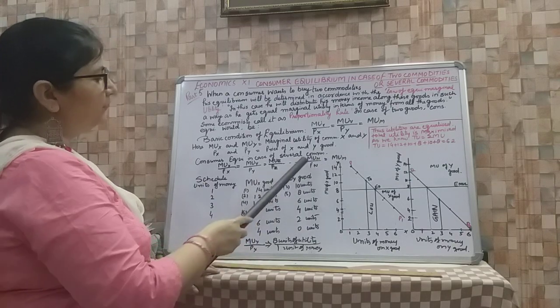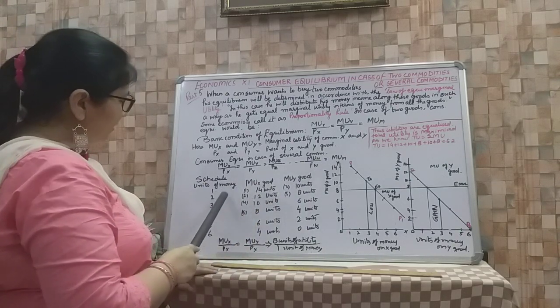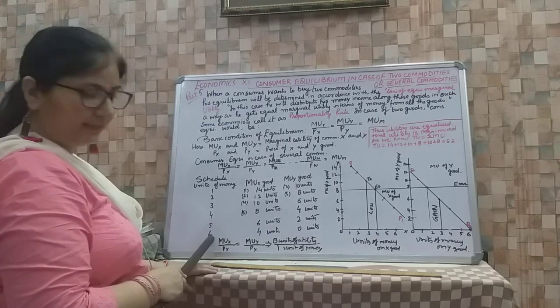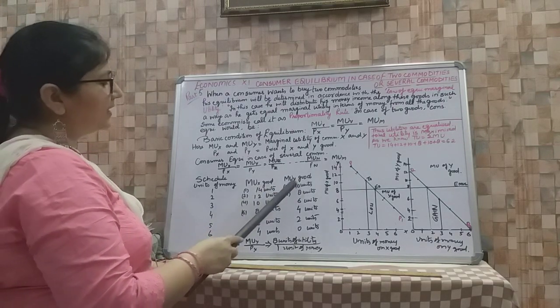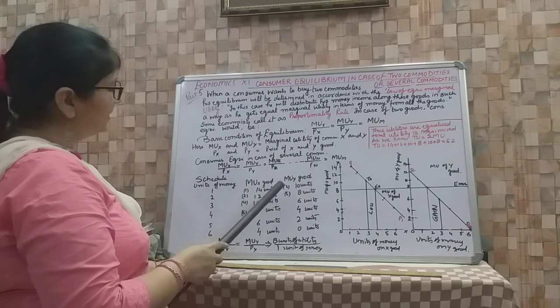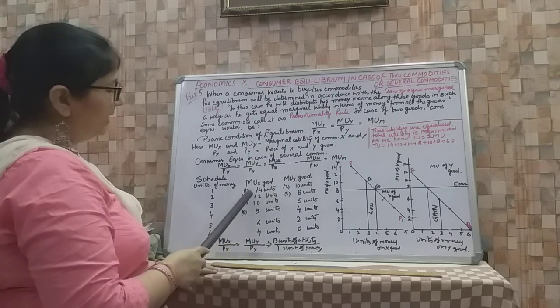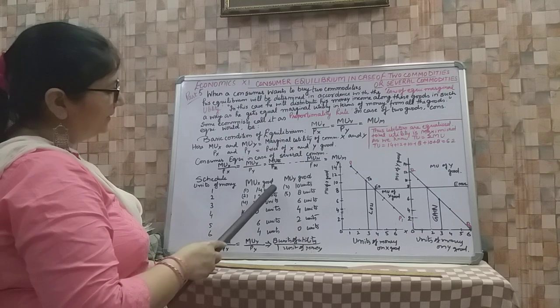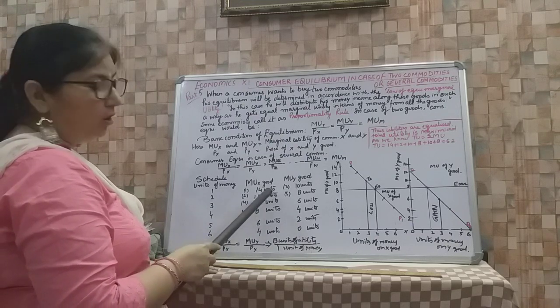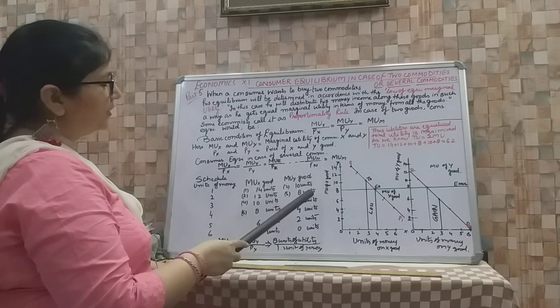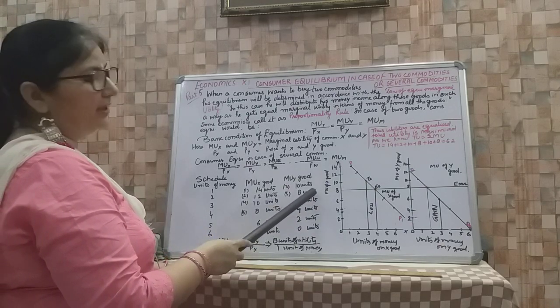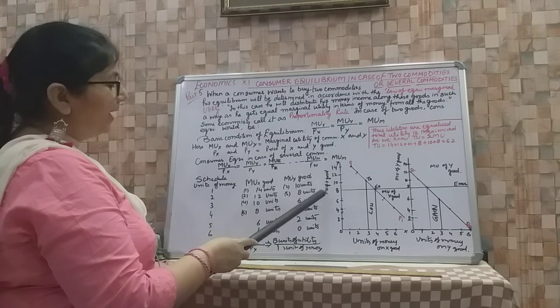We can show this with an example. Suppose a consumer has 6 units of money and has to consume goods. How many goods he can consume is given by MUX and MUY, and what you are observing is that 4 units of X will be bought and 2 units of money will be spent on buying the Y good.